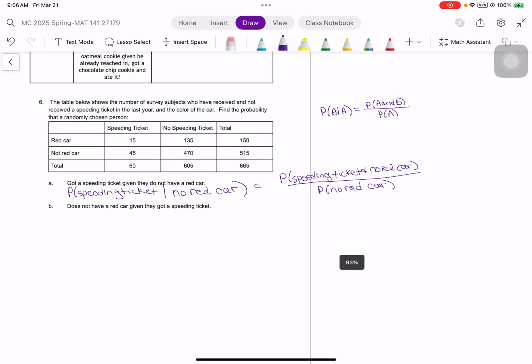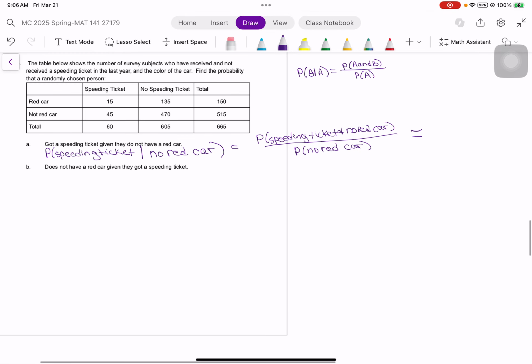Okay, so if we're going to do the probability of a speeding ticket and no red car, first of all, our total is going to be 665 because that's how many total people were in this survey. And then speeding ticket and no red car. So let's look at speeding ticket. That's this column. And then let's look at no red car. So that's going to be in this column. So you can see where they intersect, that would be the "and" that we're talking about. So that's 45 out of 665.